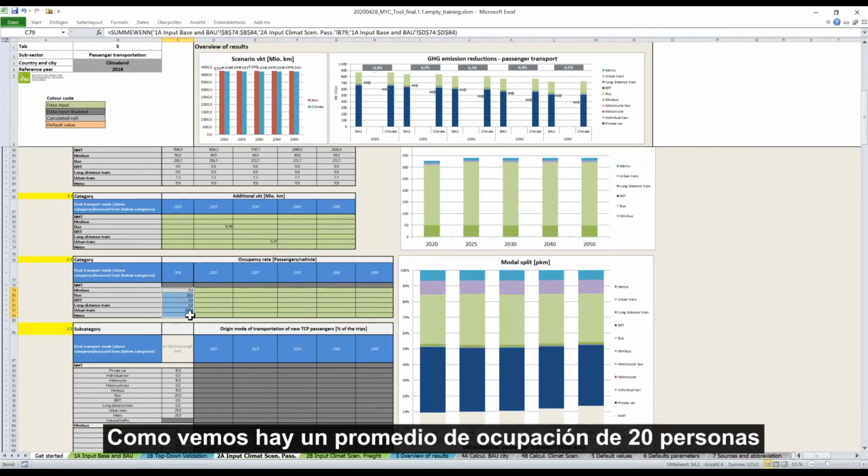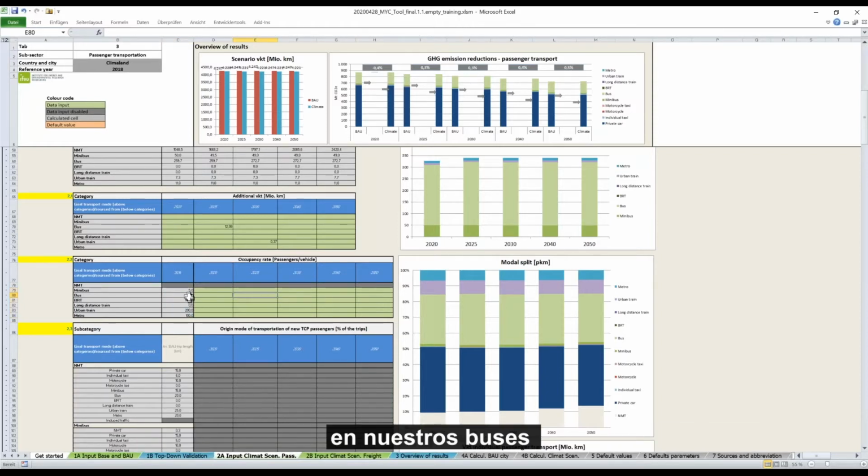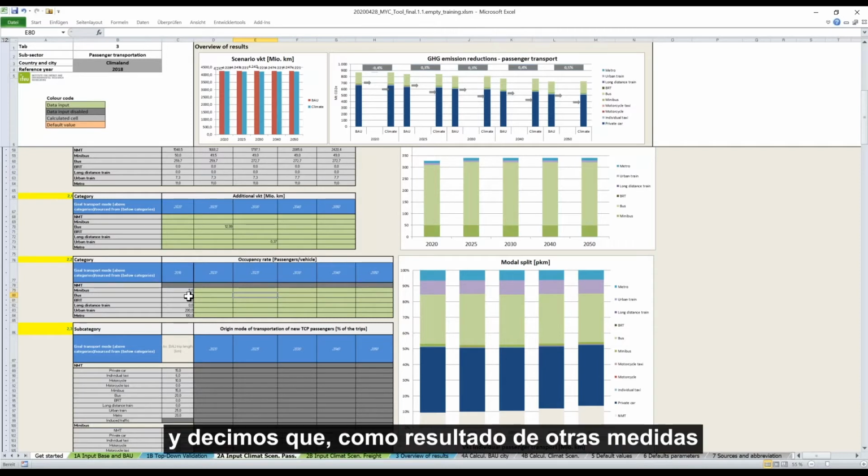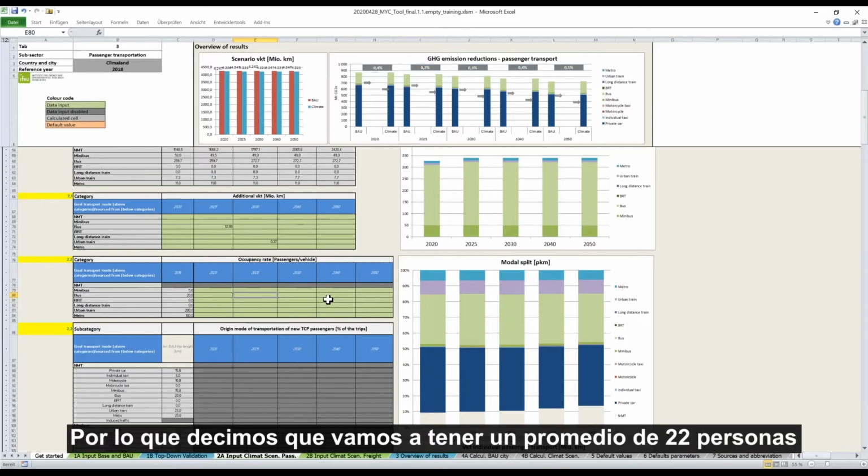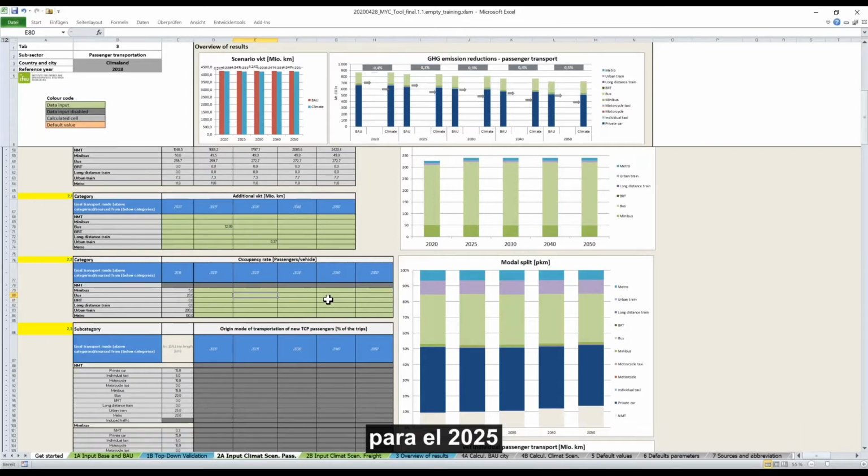Currently there are 20 persons on average in our buses. And as a result of another measure that we plan, the decrease of the price of the bus ticket, we have more people in our buses.